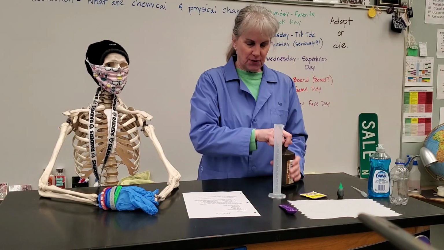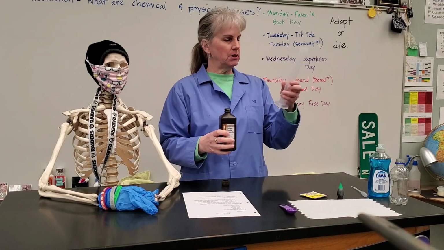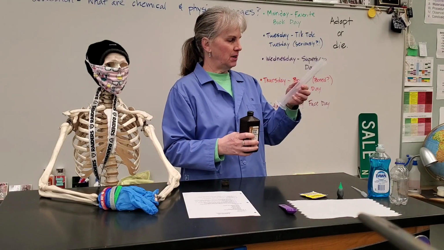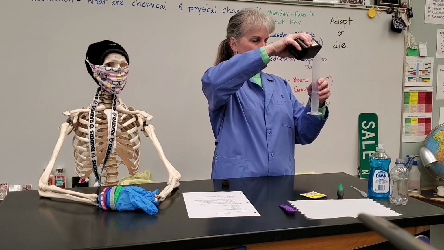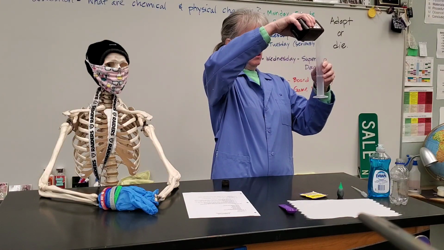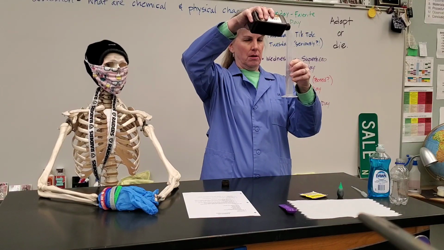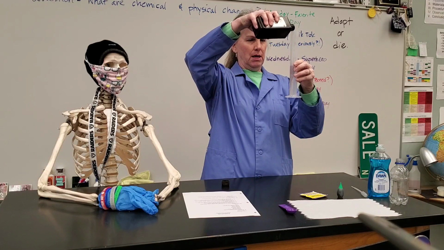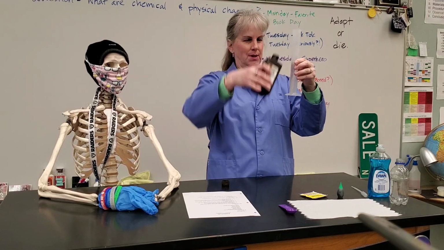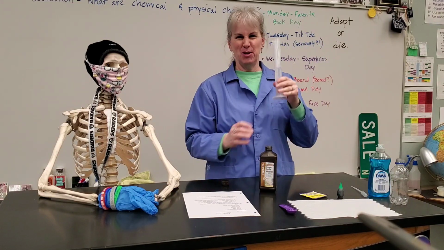Measure 50 milliliters of hydrogen peroxide in the graduated cylinder. 50 milliliters, find 50, halfway, 50 milliliters. Easy. I've been doing this a while.